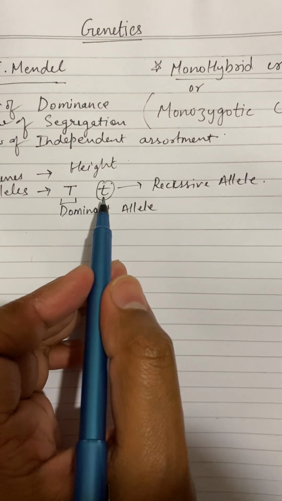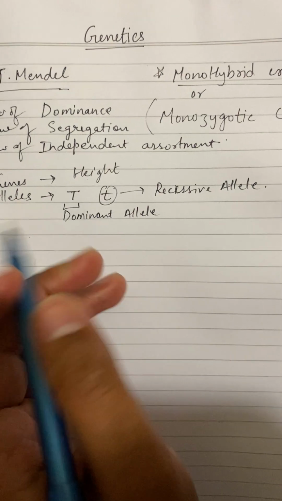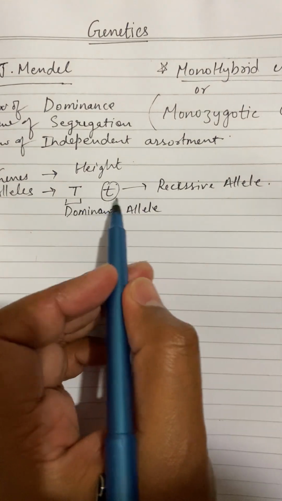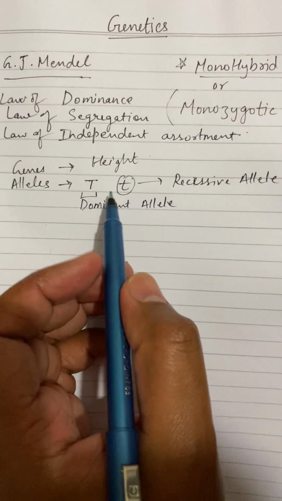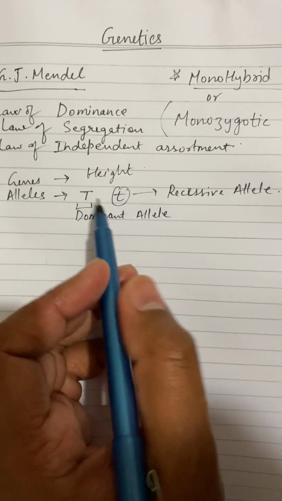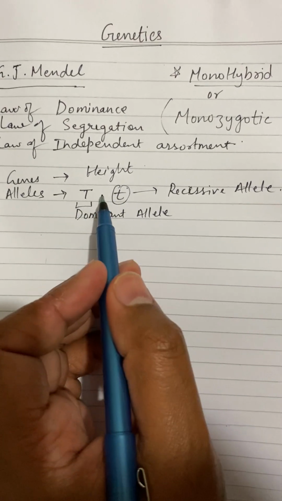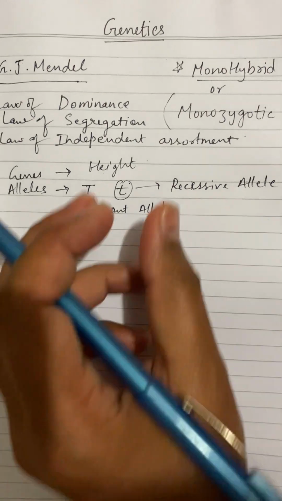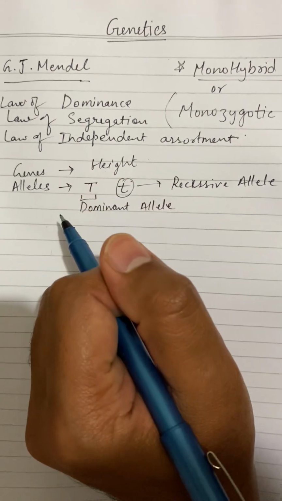These alleles are alternating characters of a gene, alternating parts. They are always present together.